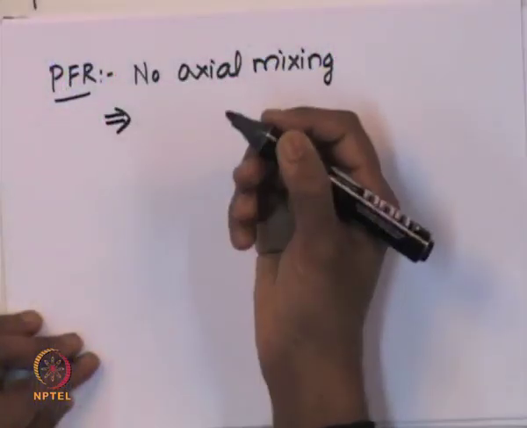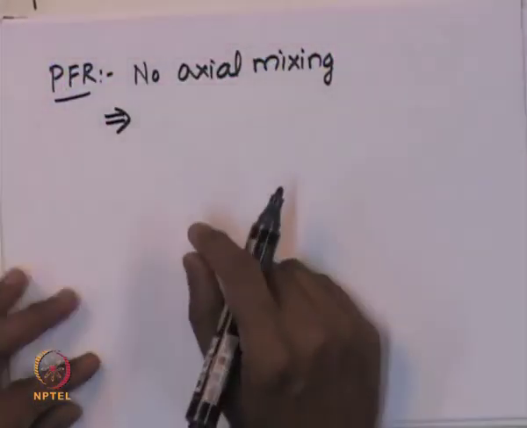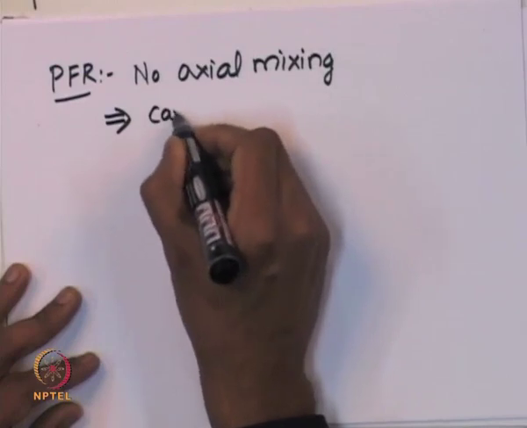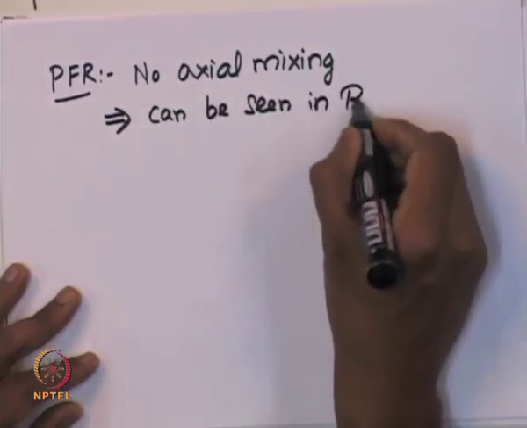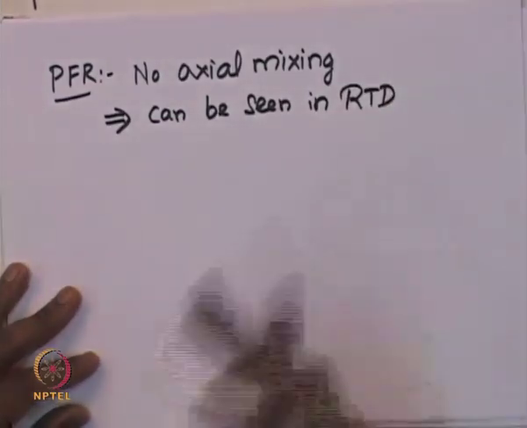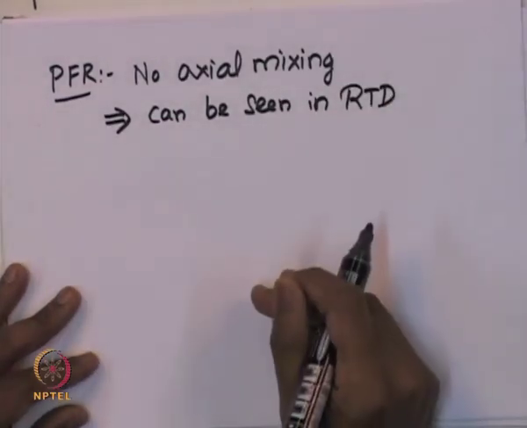Therefore, there is no axial mixing of fluid particles inside the reactor, and this behavior can be seen in the residence time distribution. It will be shown in one of the future lectures that for a plug flow reactor there is no axial mixing, and that can be deciphered from the residence time distribution curve itself.